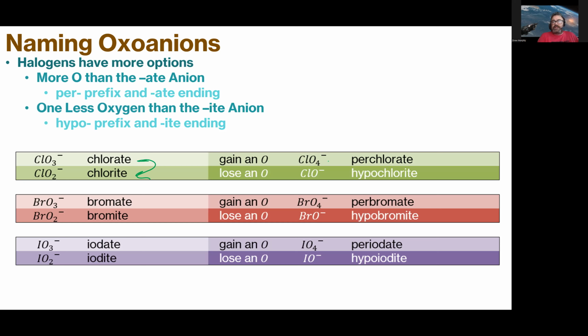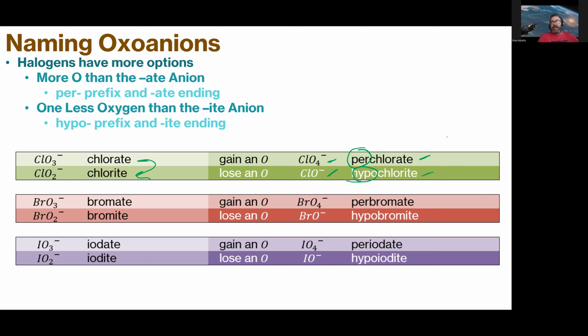However, you can also have ClO4 minus and ClO minus. ClO4 will be perchlorate and ClO minus will be hypochlorite. So we're going to add per if there's more oxygens than ATE, and we're going to add hypo if there's fewer oxygens than ITE.